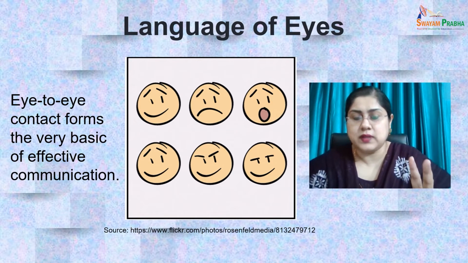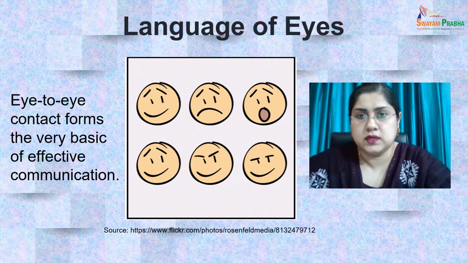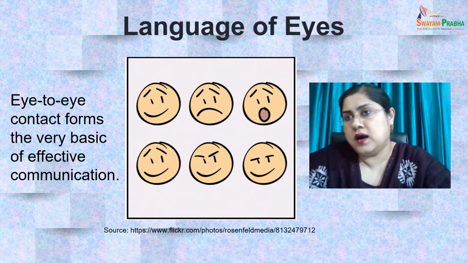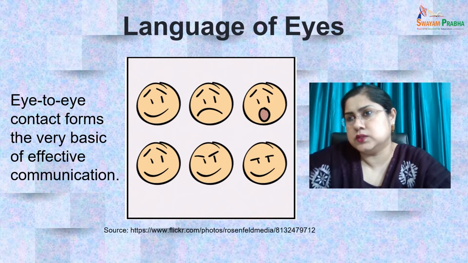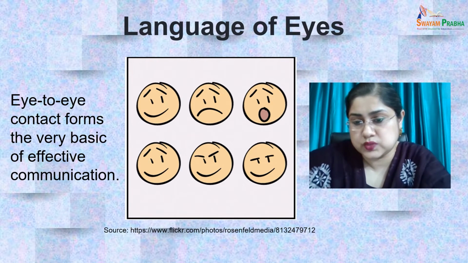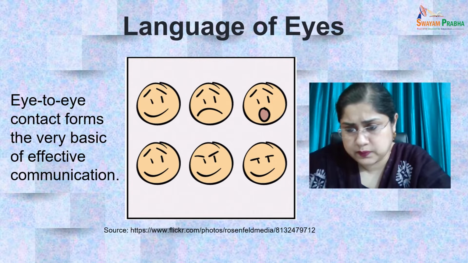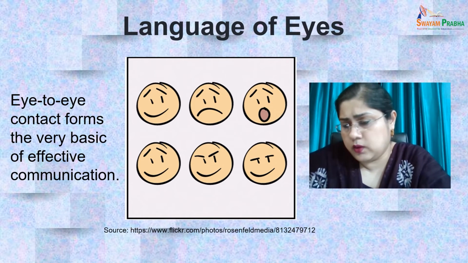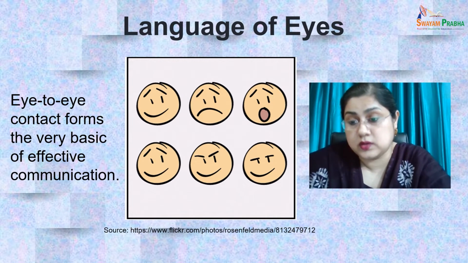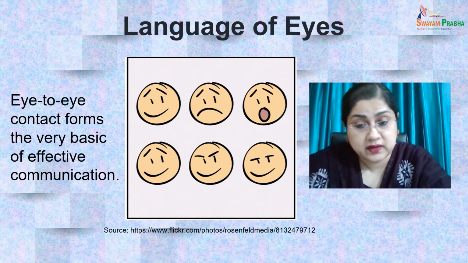If the student is giving a response and your eyes are not showing that you like the response which he or she is giving, then there is a possibility that this student is going to get discouraged, and the second time when you ask some question, she or he is not going to participate or give the answer, or not participate in the activity of teaching and learning in an active way.